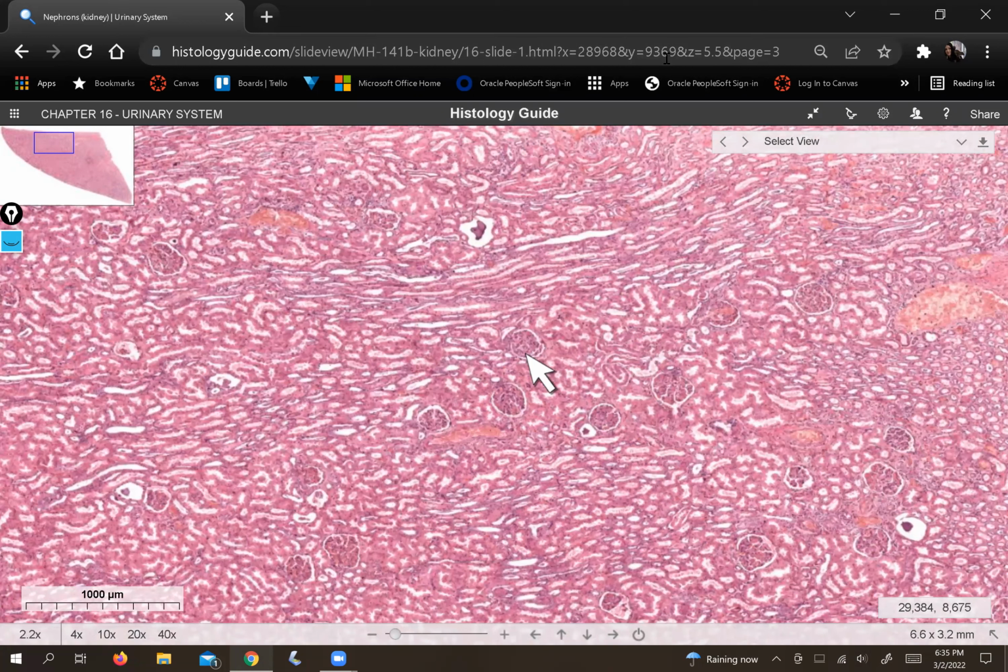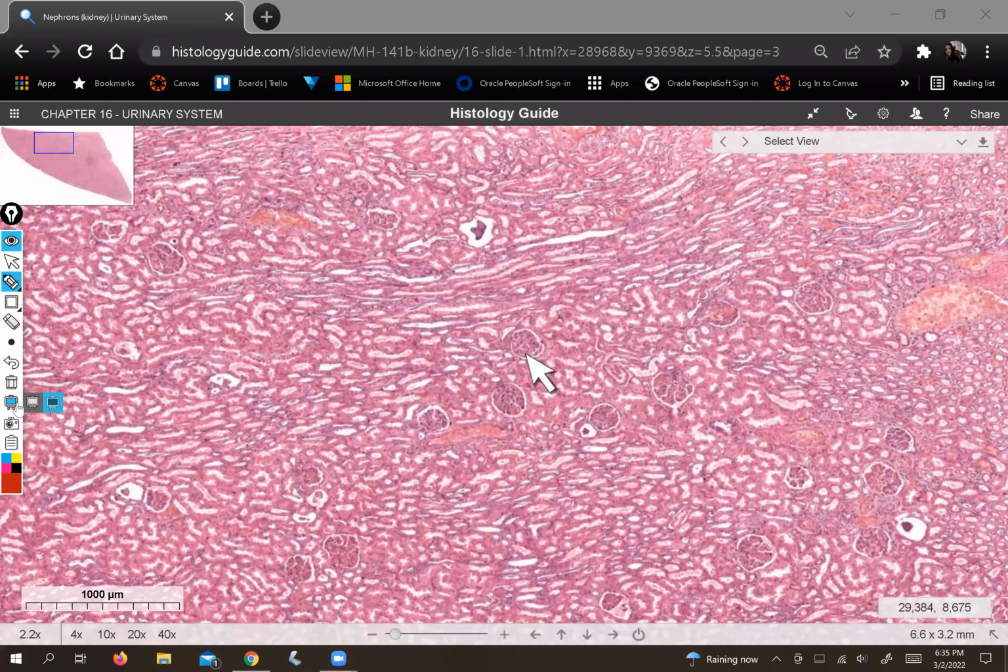You can see that even at low magnification, they're very conspicuous, which helps you establish the fact that you're in the cortex.